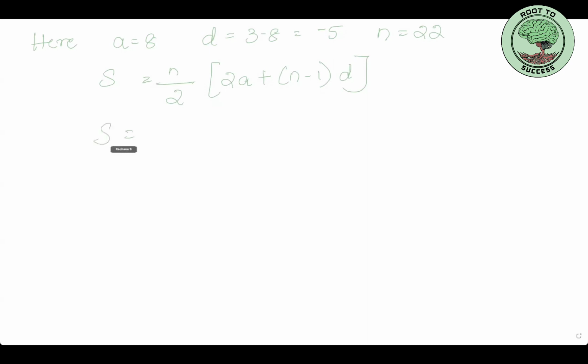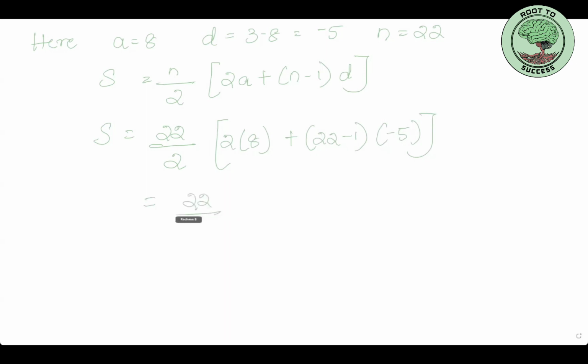S is equal to 22 divided by 2, into 2 into 8 plus (22 minus 1), and D will be minus 5.